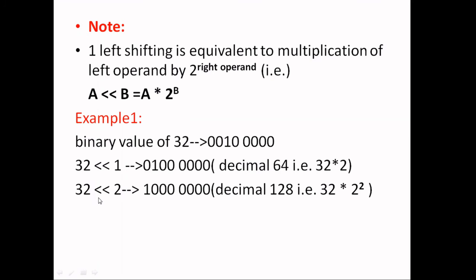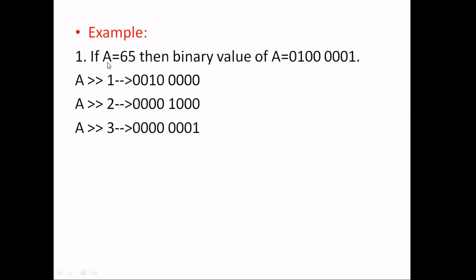So let us consider an example. If A is equal to 65, then the binary value of A is 0 1 0 0 0 0 0 1. A >> 1 means you have to shift your bits towards the right by one place.